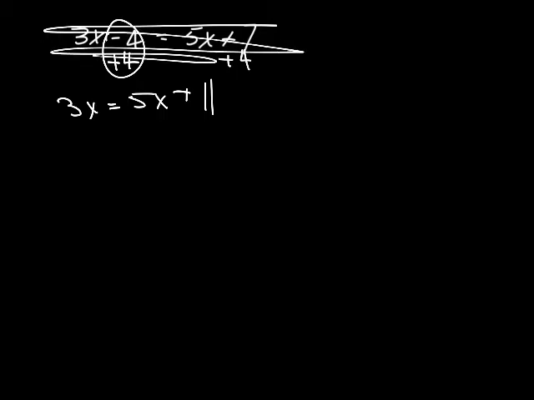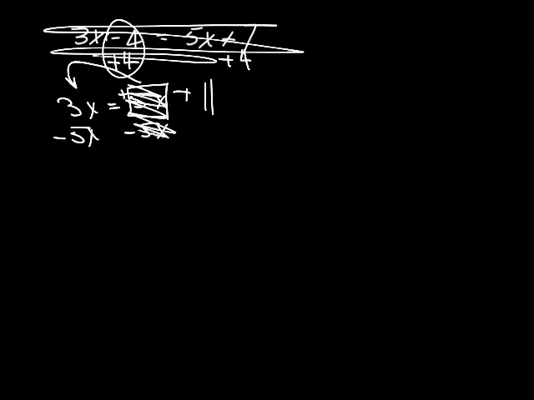Now we have to get this out of the way. We have to move this, because it's an x, over here. And when you have numbers multiplied by an x, you just take the whole thing, the 5 and the x. This 5 is positive there, so to get rid of it, I'm going to have to subtract it, and I'm going to have to subtract it over here.